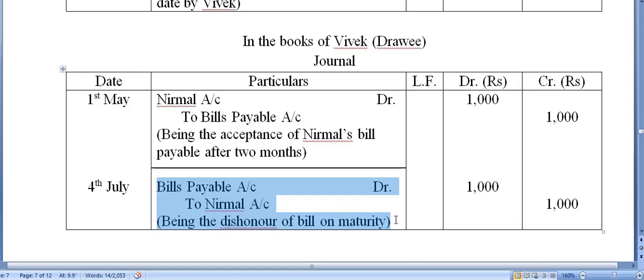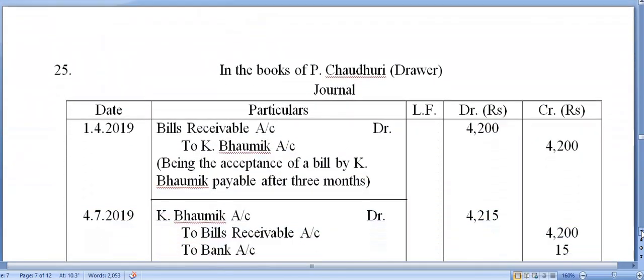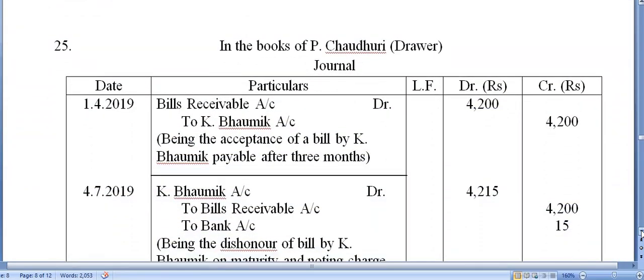Now question number 25 is also the same. The bill was actually held by the drawer till maturity, but here you have one new thing, that is the noting charge.